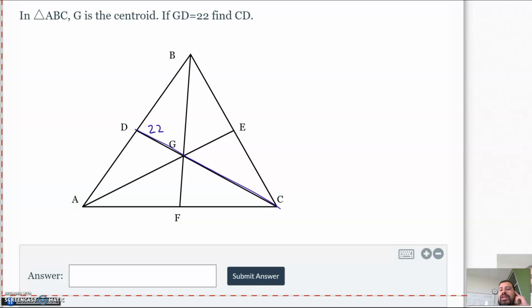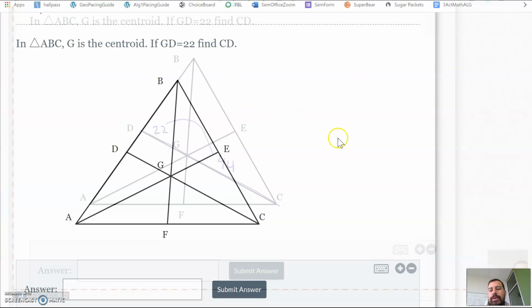So that is the short segment of the median here that's formed from C all the way across to this side. So remember, the short segment's 1/3 of the total length. The long segment's 2/3. So if I double this, that'll give me the long segment. I want to find CD, which is the whole segment. So I'm going to add the short segment and the long segment together, and that's going to give me 66. So 66 is the value of CD.